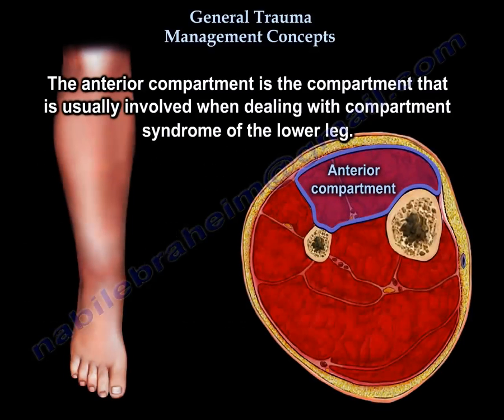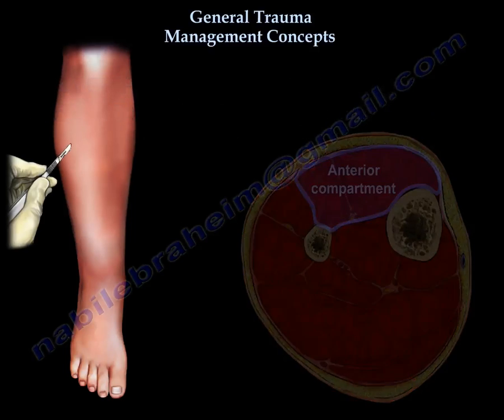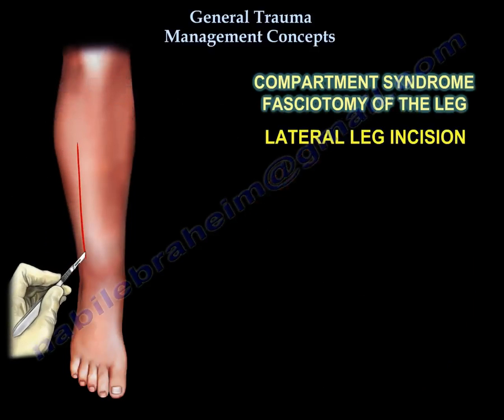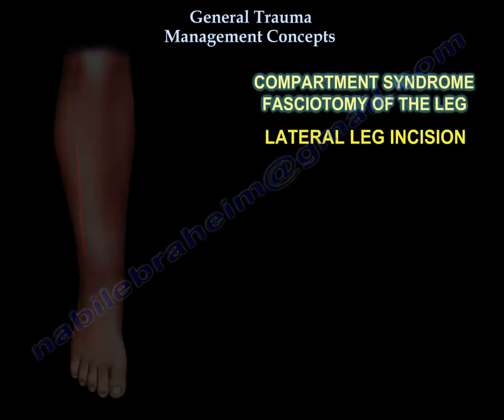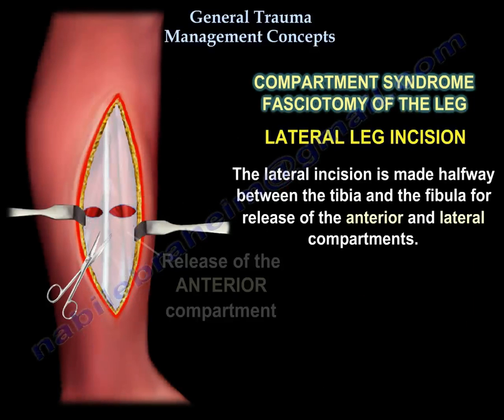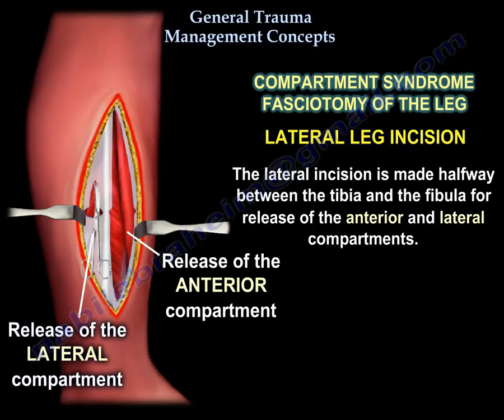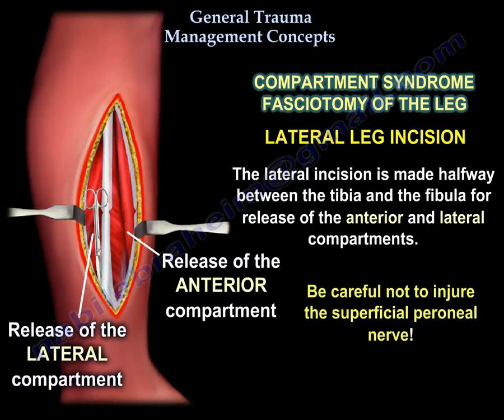The anterior compartment is the one that's usually involved in the leg. When performing fasciotomy in the lower leg, the classic 2 incision technique is commonly used. The lateral incision is made halfway between the tibia and the fibula, and you will release the anterior and the lateral compartments. Be careful not to injure the superficial peroneal nerve.